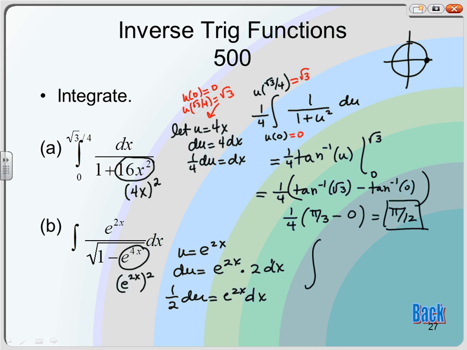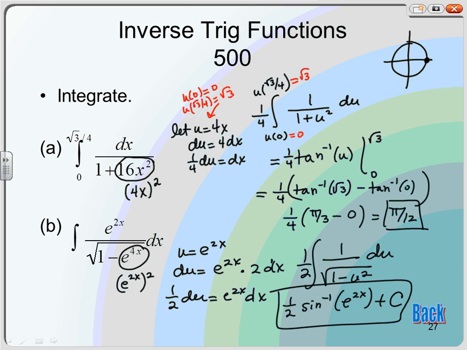Alright, so it's 1/2 out front. This bottom is the square root of 1 minus u squared du. Okay, so that was our inverse sine. So it's 1/2 inverse sine of u. U is e to the 2x, plus c. And that is it.